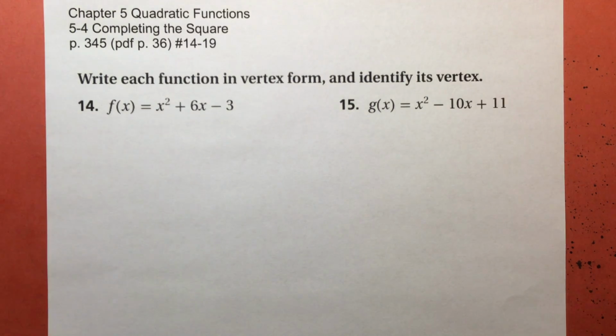As always, pause it, rewind it, do what you need to do so that you can understand what exactly is happening. Now, if you saw the previous video, if you're watching them in order, we solved equations by completing the square. Since I had an equation, I had a left side and a right side of the equation.